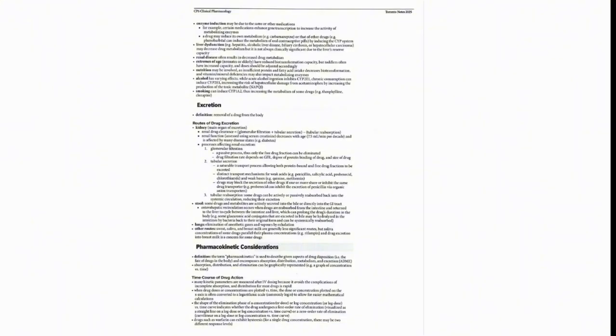Certain medications increase the production or activity of drug metabolizing enzymes, particularly the cytochrome P450 or CYP450 system. This results in faster drug metabolism, lower plasma drug concentration, reduced therapeutic effect, and sometimes the need for higher drug doses. Some drugs induce their own metabolism, a phenomenon called autoinduction.